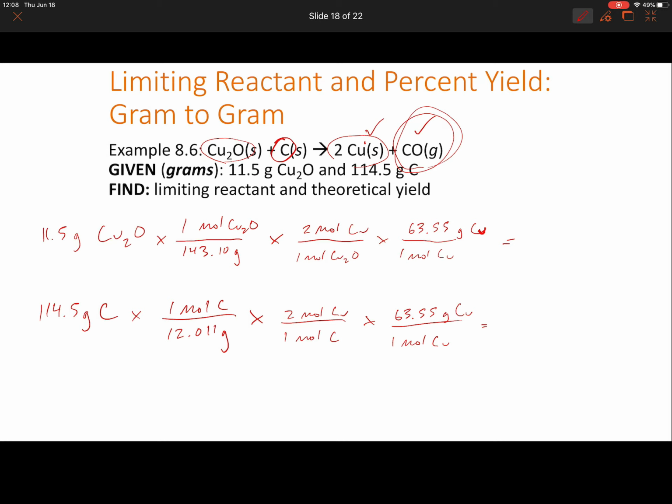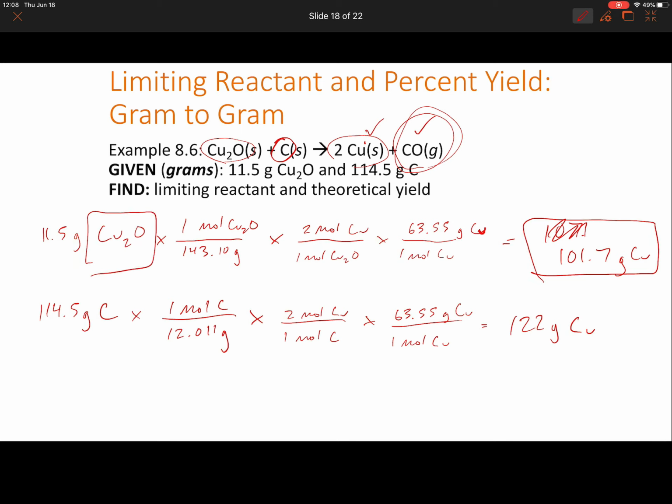Going through the motions here, we get 122 grams of copper from the carbon and 101.7 grams of copper from the copper 1 oxide. So it turns out that the 101.7 grams is the least amount of product, so it's the theoretical yield. That makes the copper 1 oxide the limiting reactant.